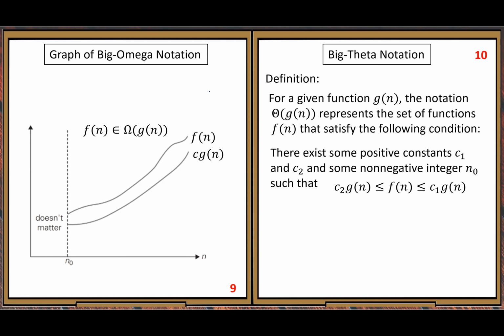So this time, lower bound C2 g of n, upper bound C1 g of n, and the n0, sufficiently large condition. Okay, so now you can see.